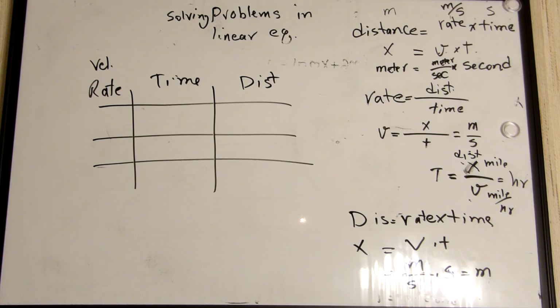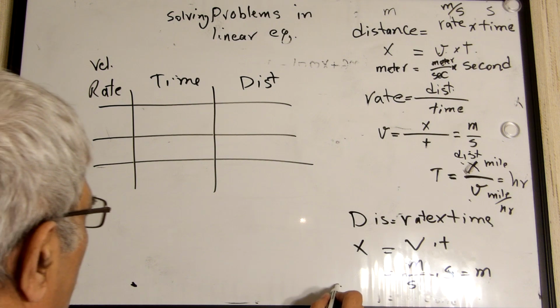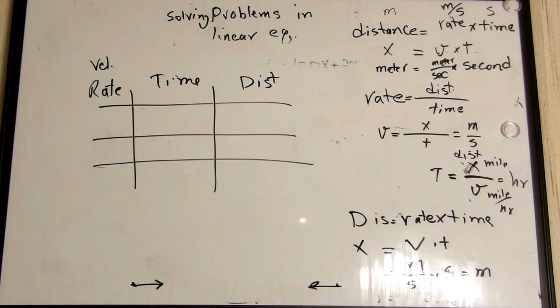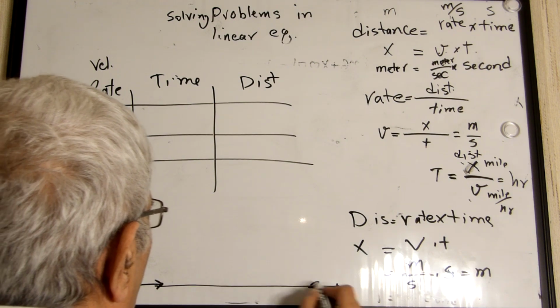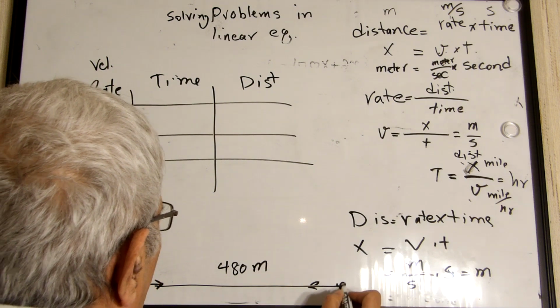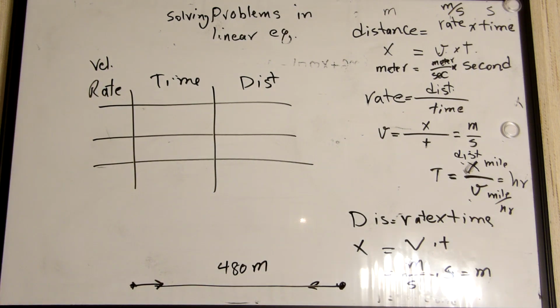You know, there are two cars going toward each other. And the distance between them is 480 miles. 480 meters, I'm sorry. This is car A and car B, going toward each other. The distance is 480 meters.